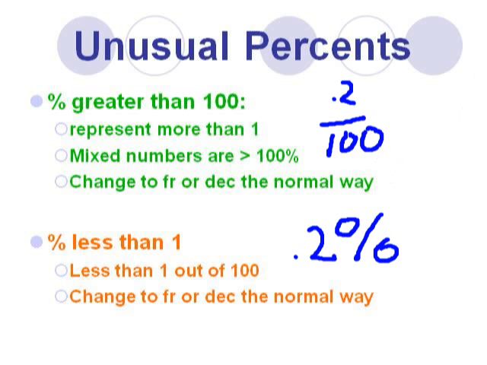You can just move this decimal over 1 place to the right. Oops. You can move it, and then you have to do the same thing here. Move the decimal over 1 place to the right. And so this becomes 20 over 1,000. So 0.2% is 20 out of 1,000.